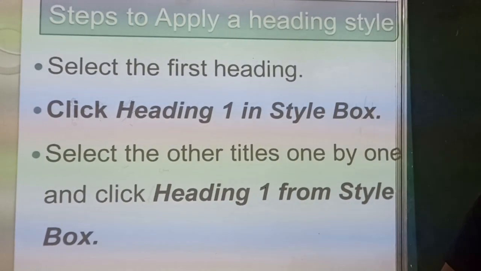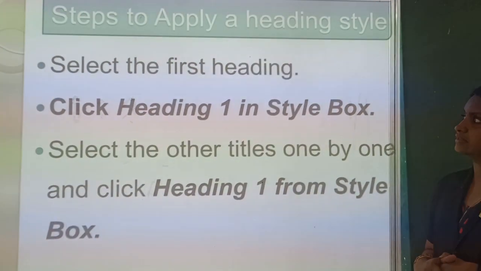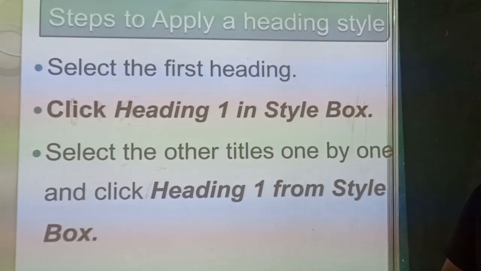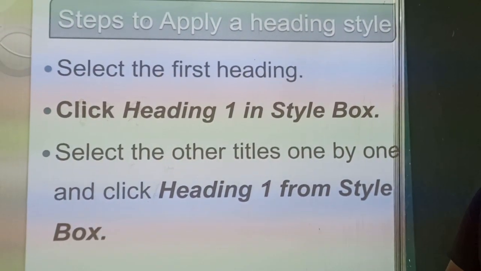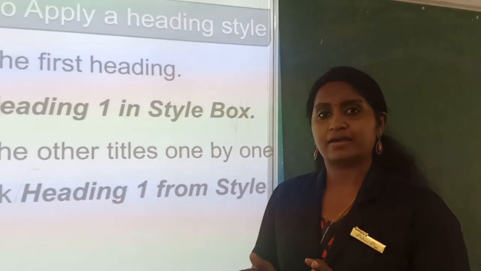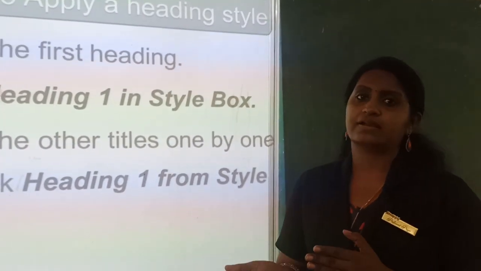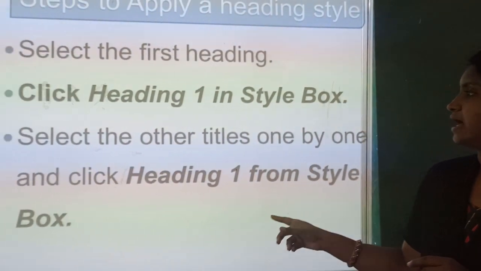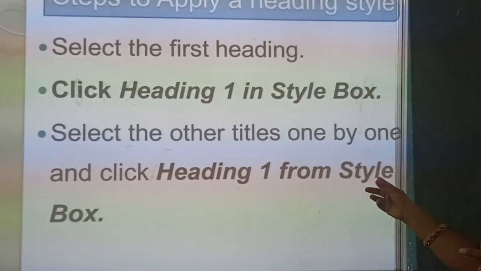For applying a heading style, the first step is to select the heading. Normally we do that. Then click Heading 1 if you need to apply the Heading 1 style. If you need Heading 2 or Heading 3, you can apply them from the style box and select the other titles.